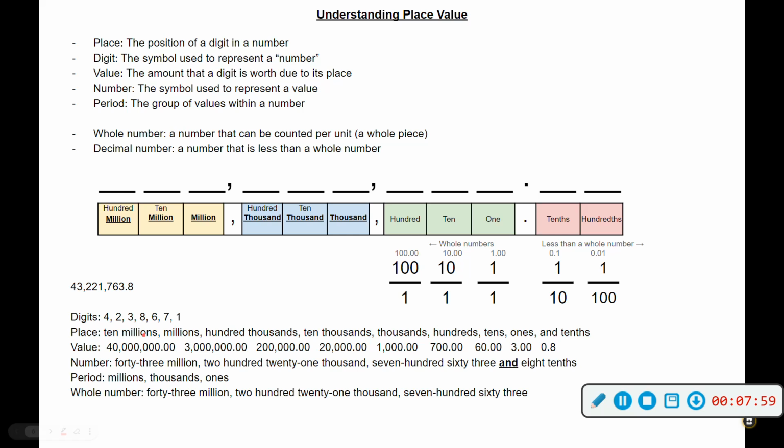Meaning I could have 43,221,763 ones. If I were to look at just the decimals, I only have one decimal place occupied, and it's in the tenths. So therefore the digit 8 in the tenths place holds a value of 8 tenths. Therefore the number is 8 tenths.